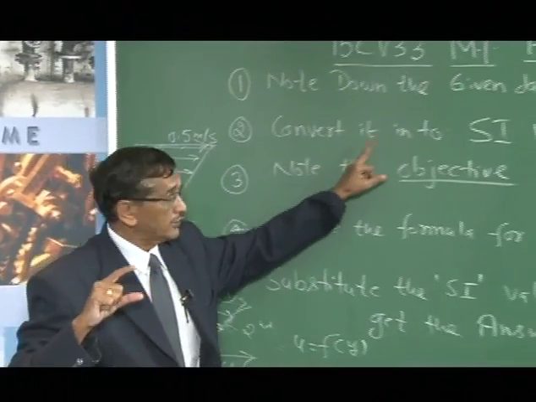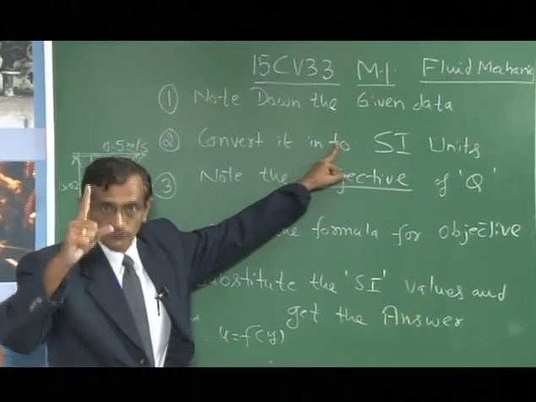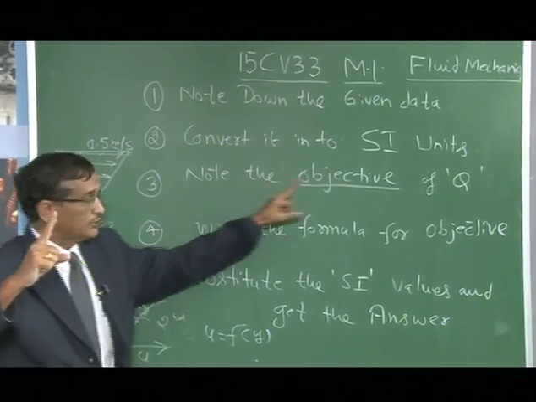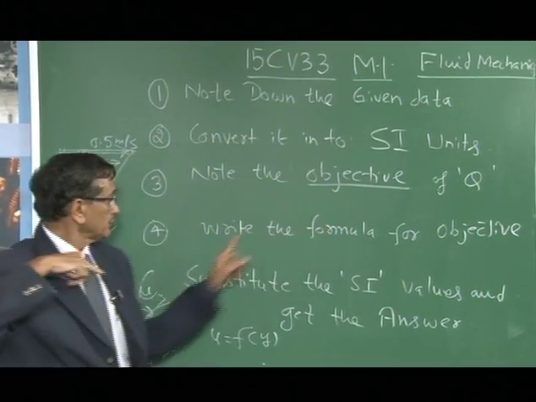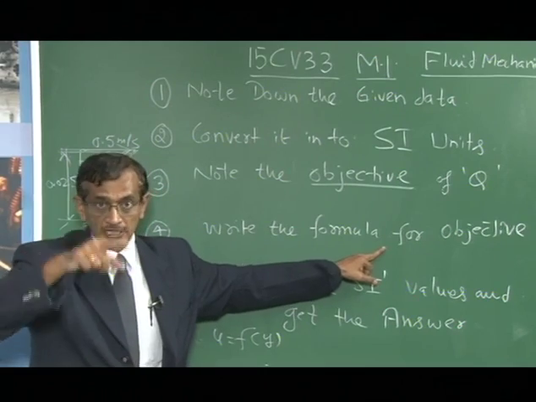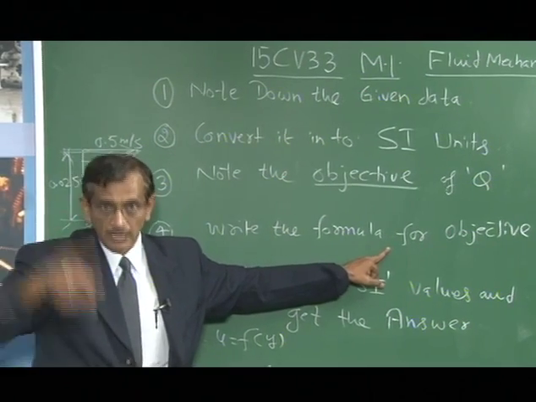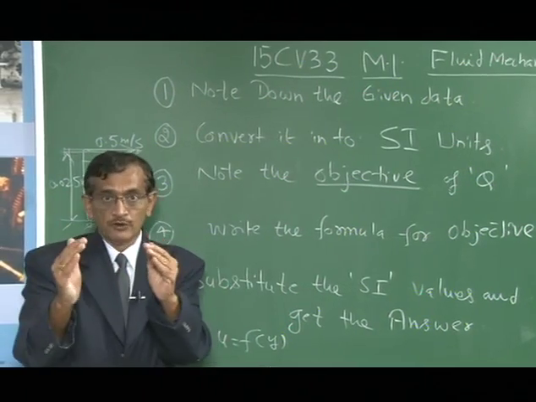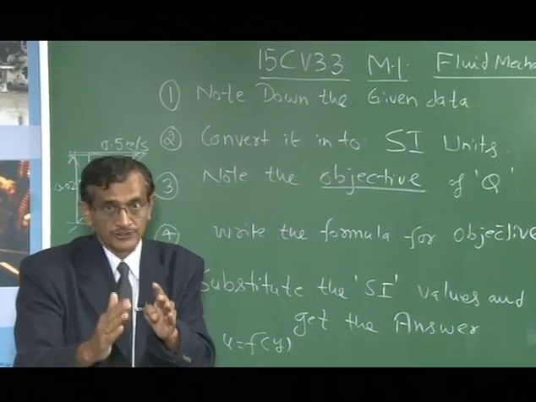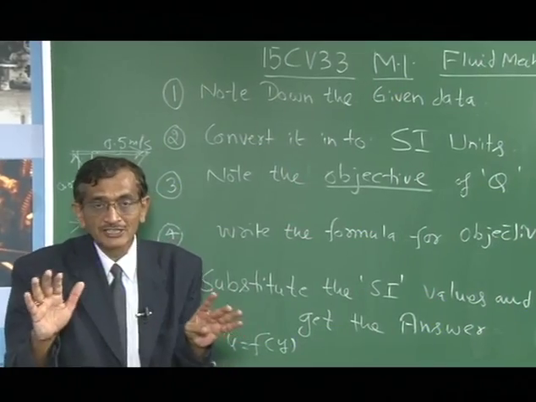Note down the given data, convert into SI units, note the objective of the question. For example, this question's objective was delta P, then write the formula for that, delta P is equal to 2 sigma by R, and substitute in the objective equation in SI units, so that there is no mistake, there is no problem.